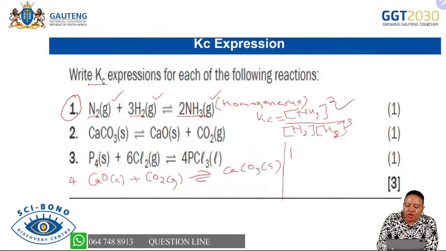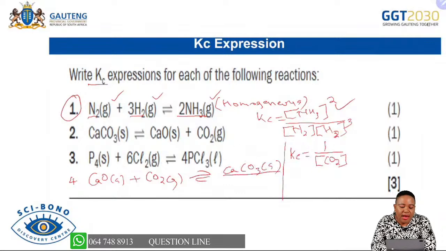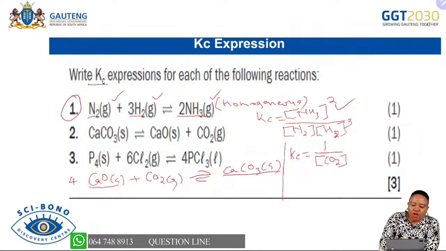Kc is going to be 1 divided by the concentration of carbon dioxide. Why 1? Because we know that the concentration of our solid is 1. And if we multiply 1 with carbon dioxide, it will still be carbon dioxide, because calcium oxide is our solid also on the side of the reactants.